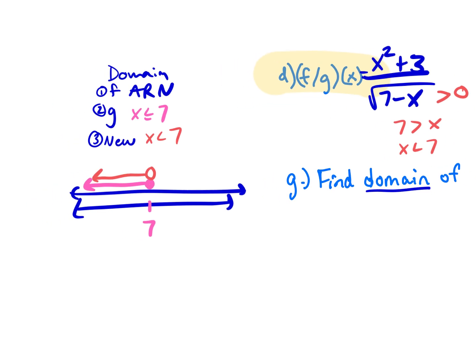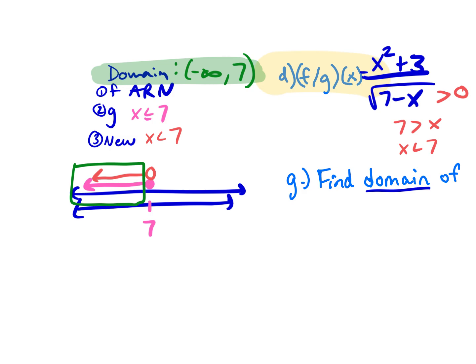So we care about the domain that overlaps between our 3 domains that we have here. What overlaps? So from negative infinity to 7, with a bracket or parentheses? Parentheses. So that would be our domain of the function.